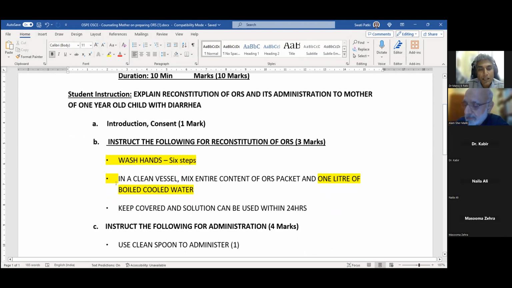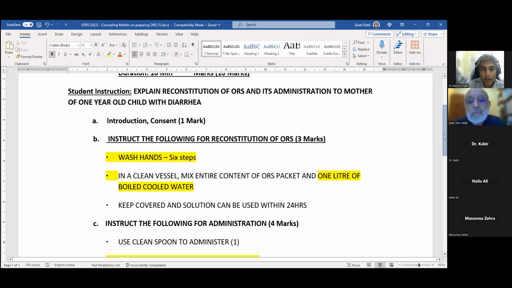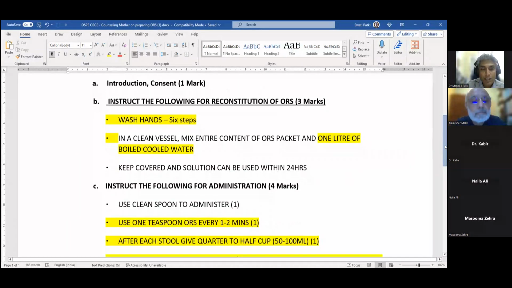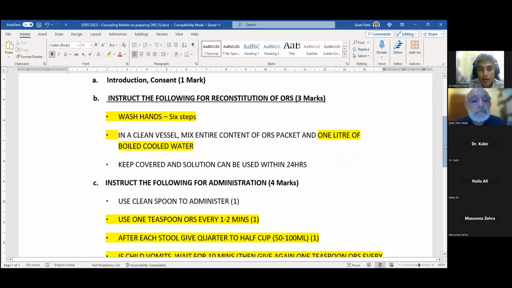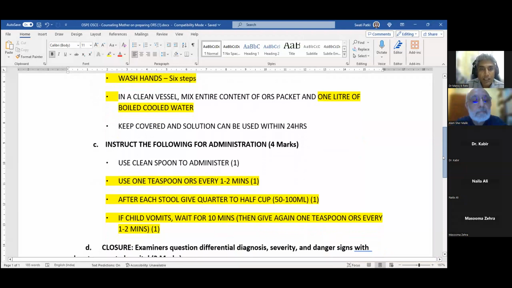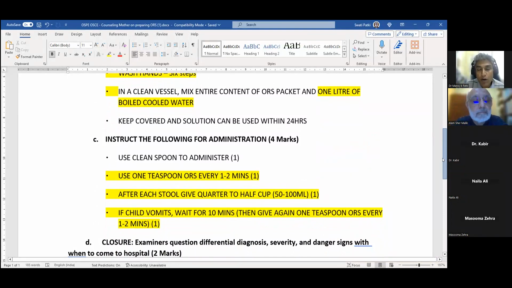Then asking for a clean vessel and showing how to mix the content of the ORS with 1 liter of boiled cooled water. What I have highlighted in yellow is a must-know component. Third, keeping the water covered, and the solution can be used within 24 hours only.